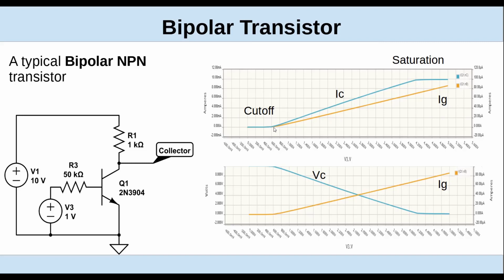So at the cutoff point, we've got 0 amps flowing on the collector. At saturation, it's up here at 10 milliamps, and that's limited by this 1K resistor across the 10 volt source. And you can see what the equivalent base current is at those points. And in this case, for saturation, it's about 70 microamps. So if you do that division, you can see what the gain is.